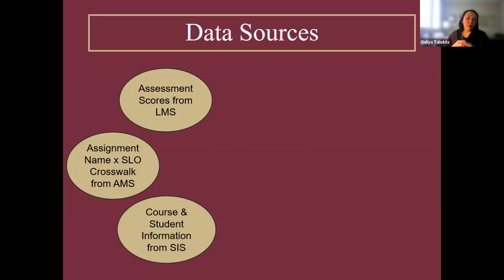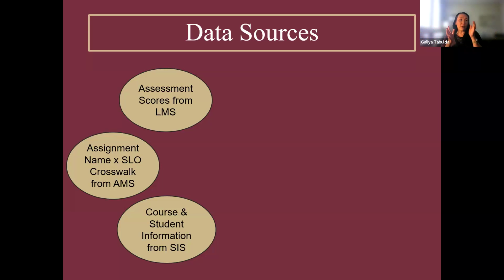We also got information from our student information system. We use Campus Solutions, and this is where we got information about, in the course section that you taught in fall 24, 56 students belong to this major, 12 students belong to this major, and 6 students belong to this major.